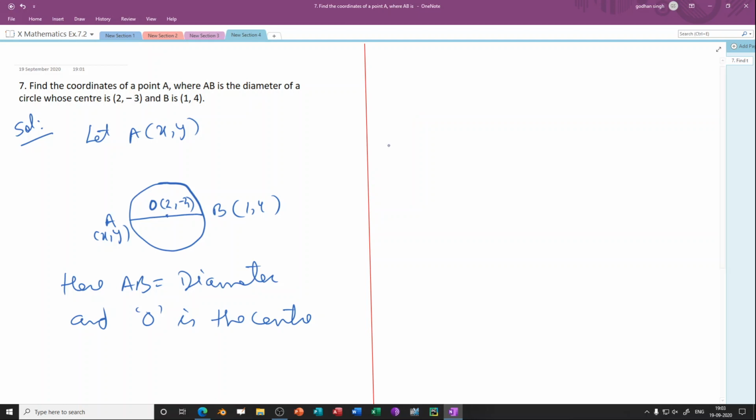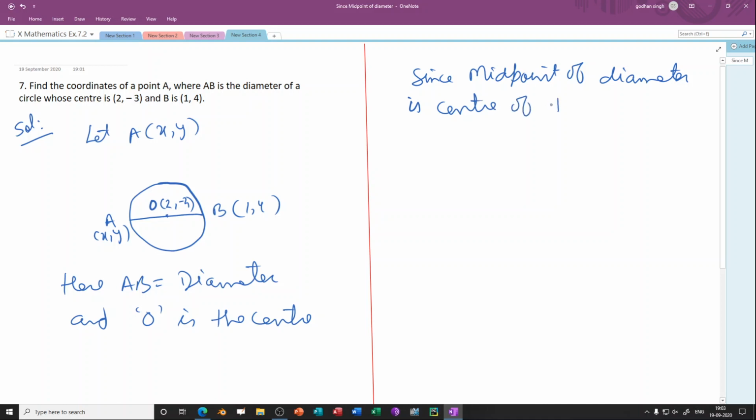This is the concept we will apply. Since the midpoint of a diameter is the center of the circle, the midpoint of AB will be equal to O.